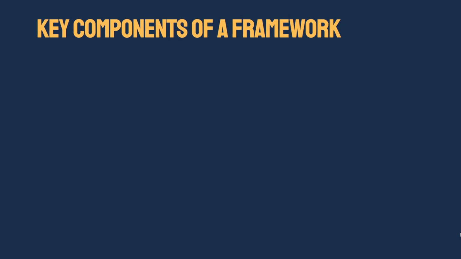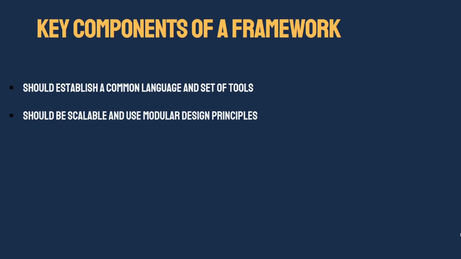Key components of a framework include: it should build a common language and set of tools that everyone can use and apply in the same way. It is nice to be able to go into a meeting and pick up where someone left off. It is also nice to be able to design in a way that you can grow and scale your design using things like modular design principles.